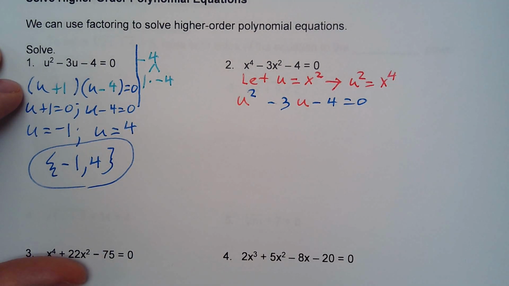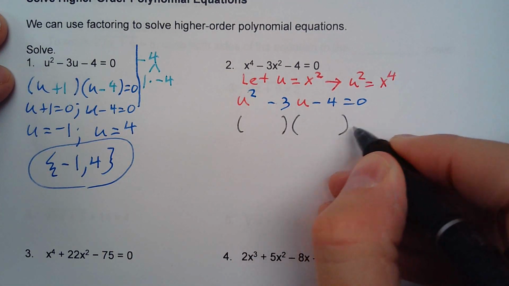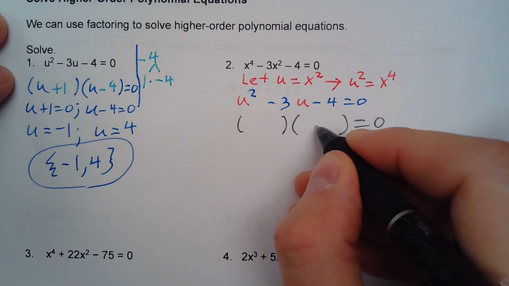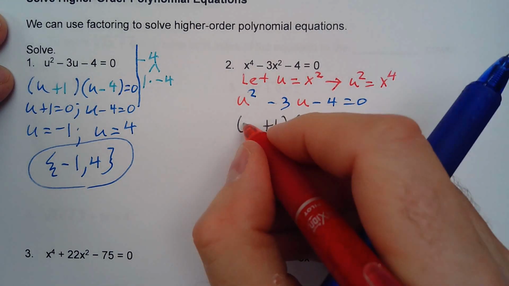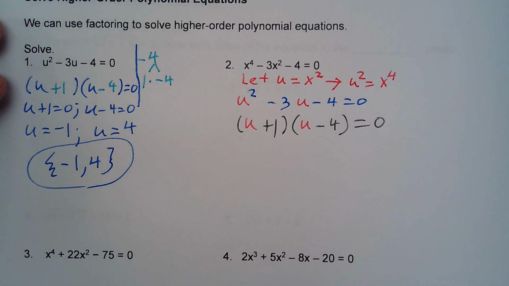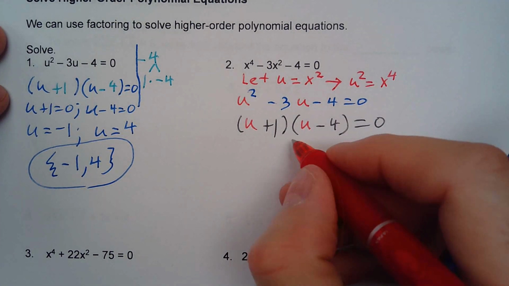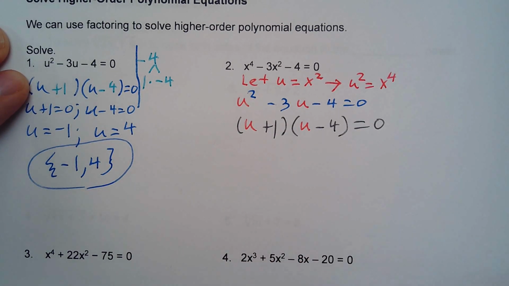Now we'd go through and we'd factor it the same way. We would set each equal to 0 and solve. Oh, I guess we don't need to do that. So I'm going to save one step.